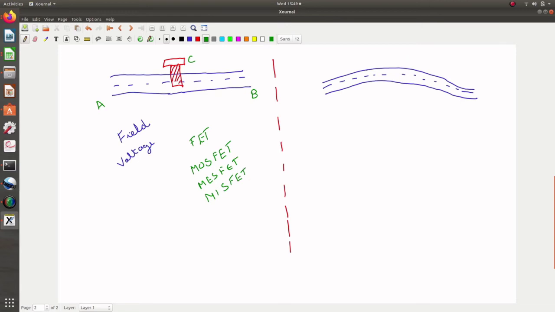In the second category, the change in elevation is brought about by injecting current.